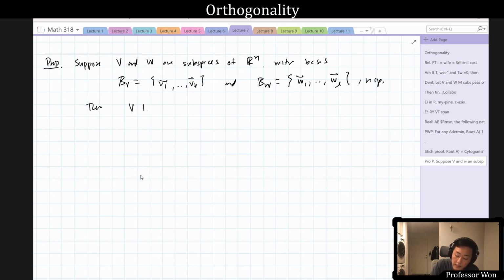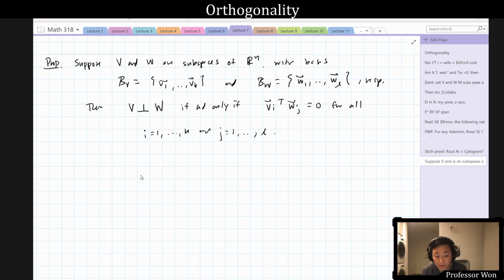Then the whole subspace V is perpendicular to the whole subspace W if and only if vi transpose wj is equal to 0 for all i between 1 and k and j between 1 and l.